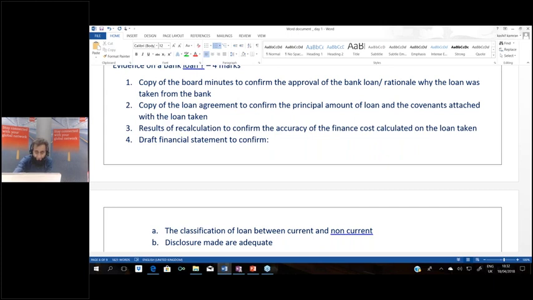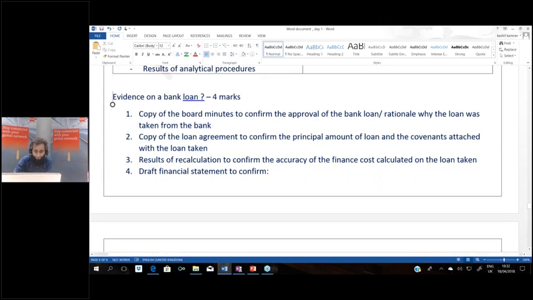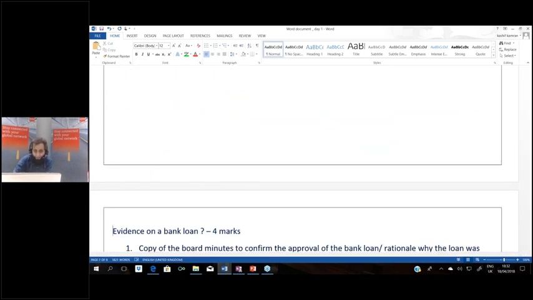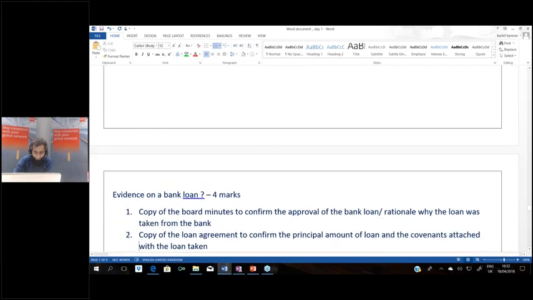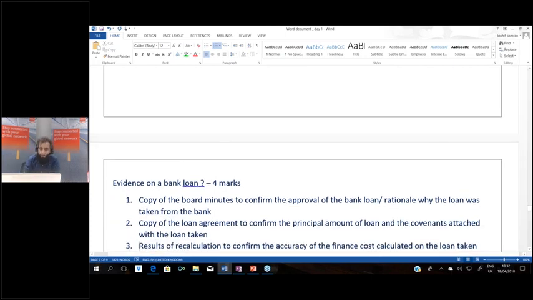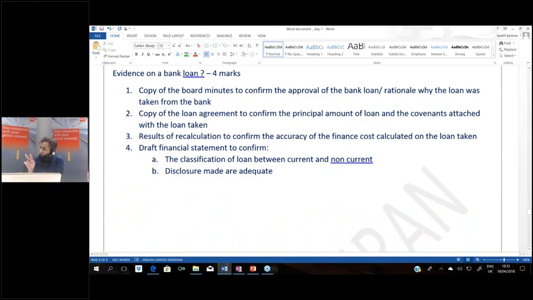See the number 5. The number 5 will give you 2 marks, because the examiner says if you write one evidence which have 2 unique reasons, examiner will give you 2 marks for that. Draft financial statements to confirm 2 things: the classification of the loan between current and non-current, and the disclosure made are adequate. Okay, let me see the questions being raised.